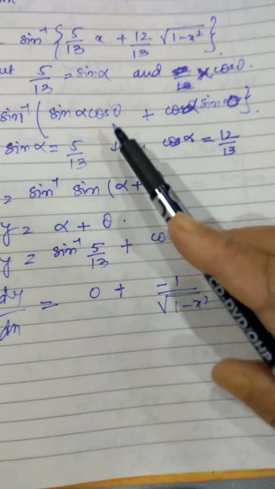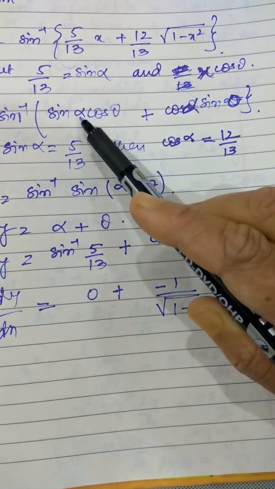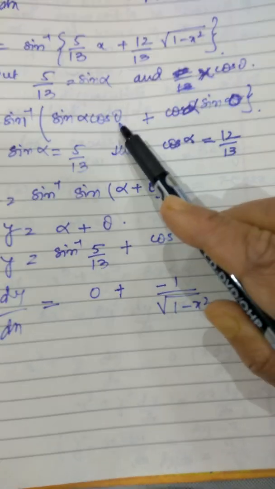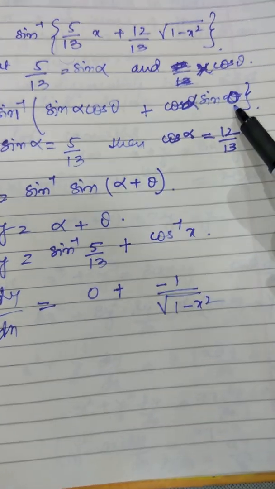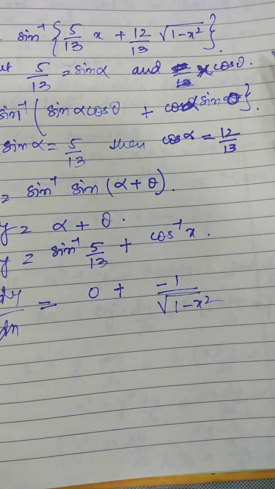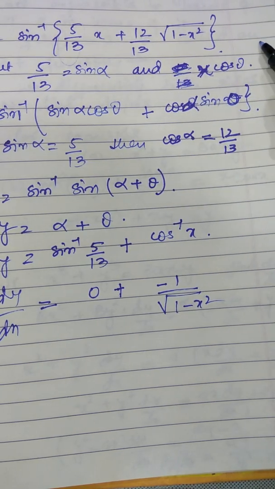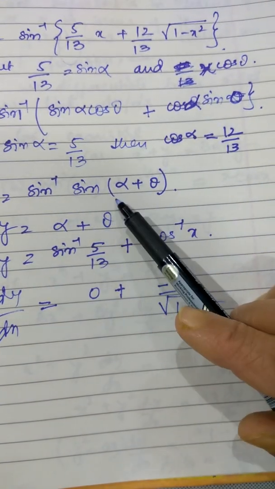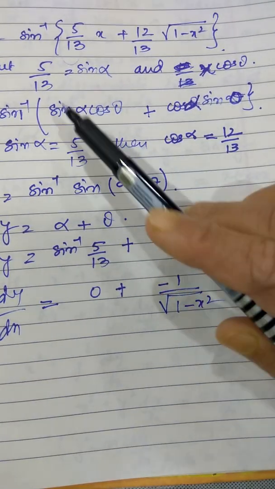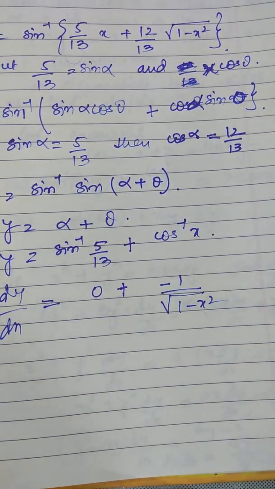Now let's proceed with the question. This is sin inverse of (sin alpha cos theta plus cos alpha sin theta), where 5 by 13 is sin alpha. Root 1 minus x square is sin theta because x is cos theta. So again this is reduced to sin inverse sin(alpha plus theta), since sin A cos B plus cos A sin B is sin(A plus B).